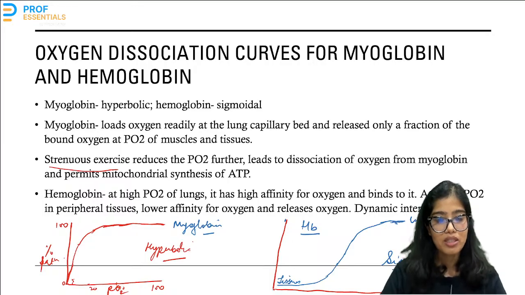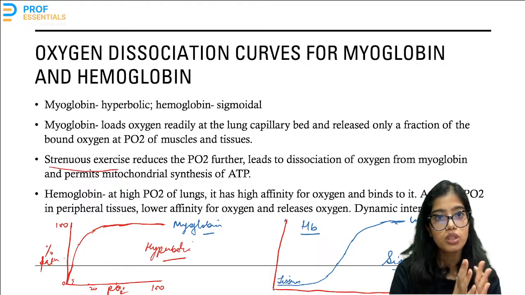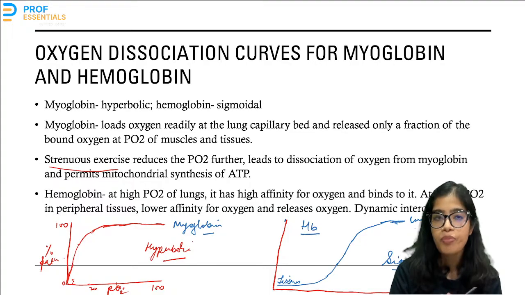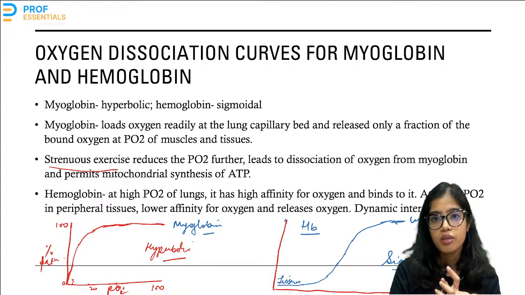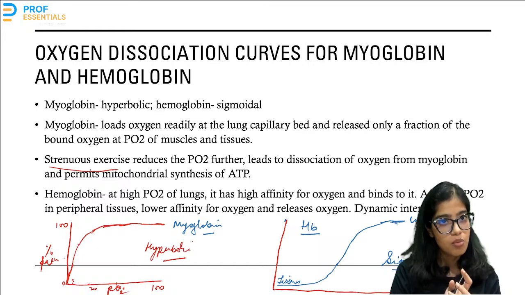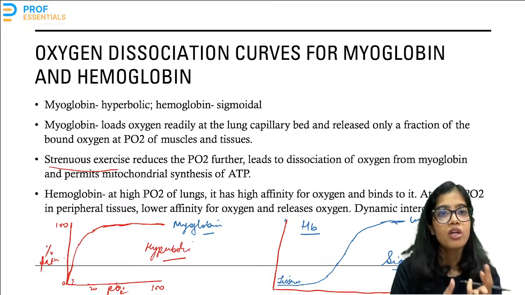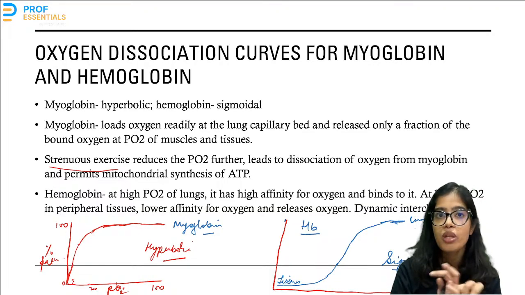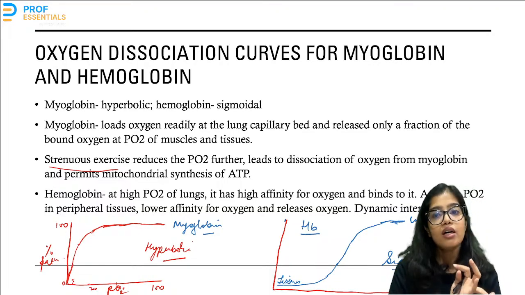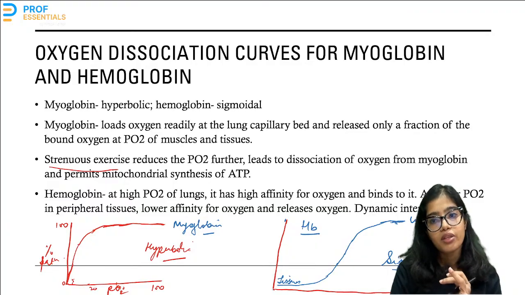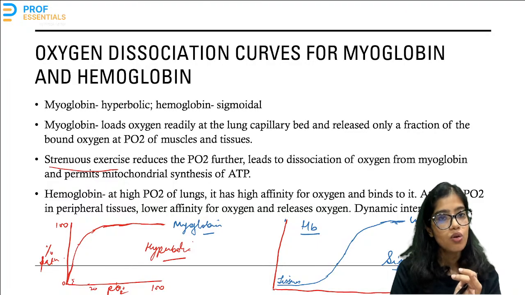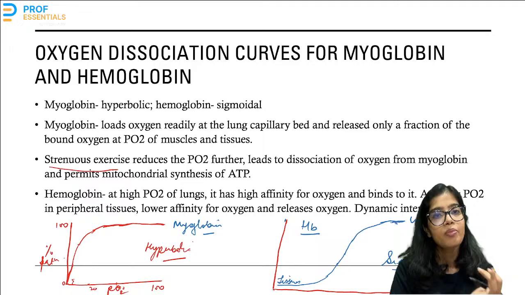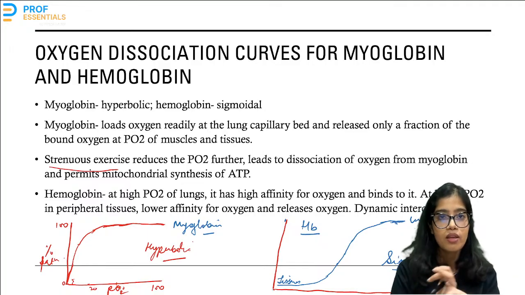So I hope you understood today's session, and I hope that you go back and do the assignment. The assignment for you guys is to draw the structure of heme, to draw the oxyhemoglobin and oxymyoglobin dissociation curves, to tabulate the similarities and differences between myoglobin and hemoglobin, and to jot down points of oxygen transport, carbon dioxide transport, and the Bohr effect using hemoglobin.